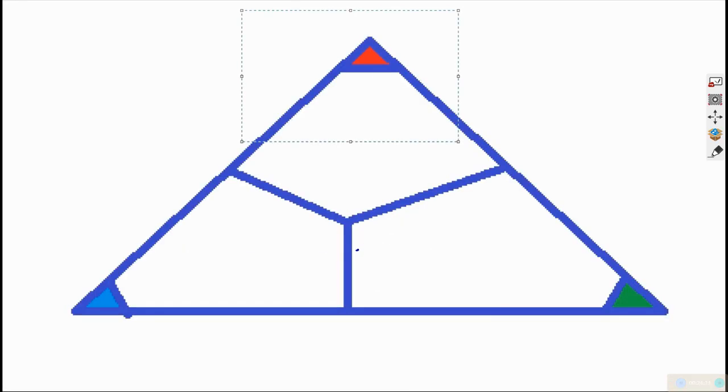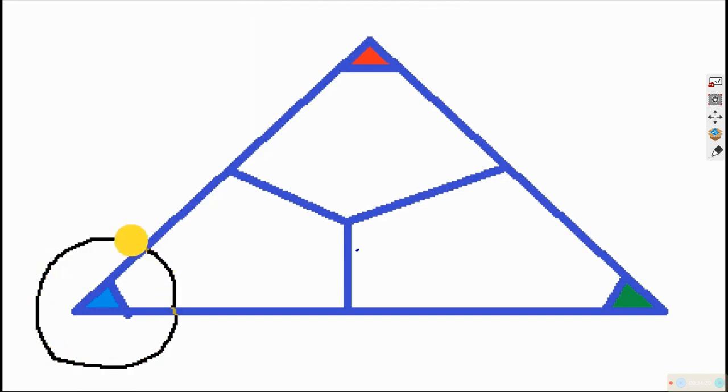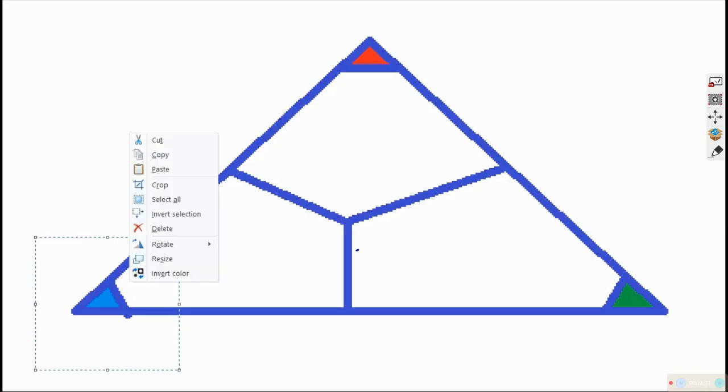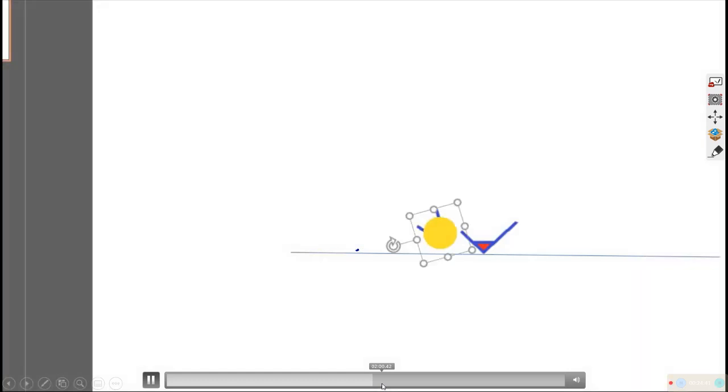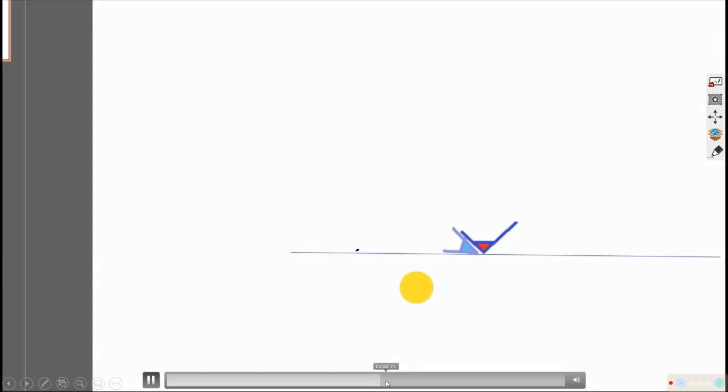Just keeping it on the line, cut the other corner like this. You can cut from there, bring that blue colored angle also over there, cut it and paste it over there. You can place that blue part also and adjust it in such a way that it matches with the line or the sides of the triangle.